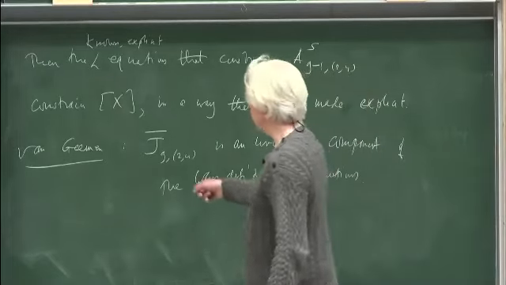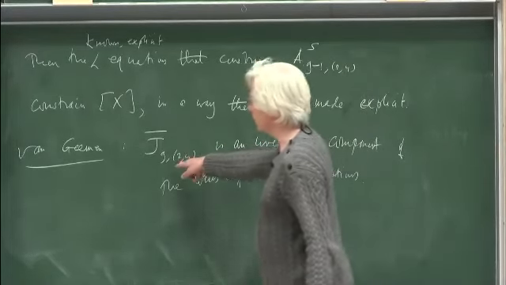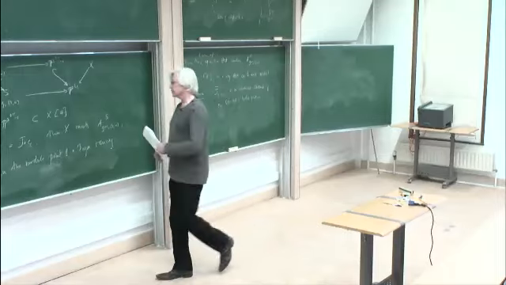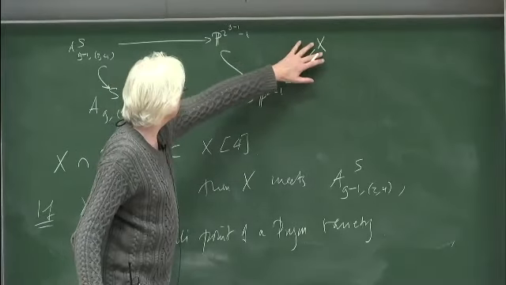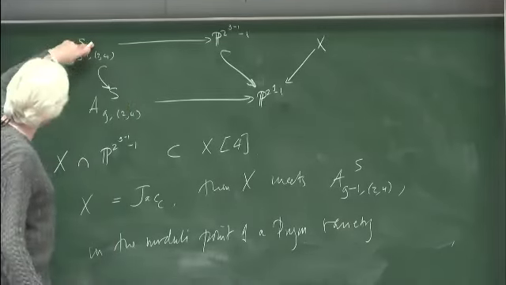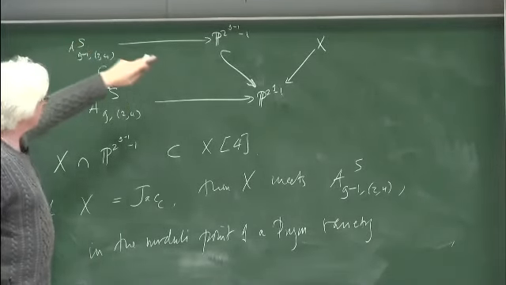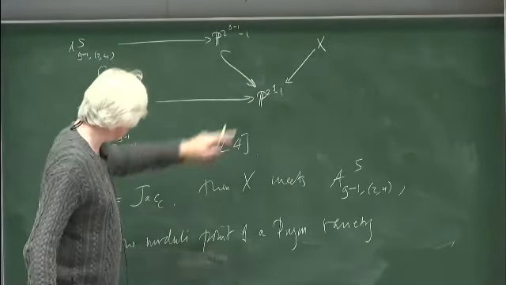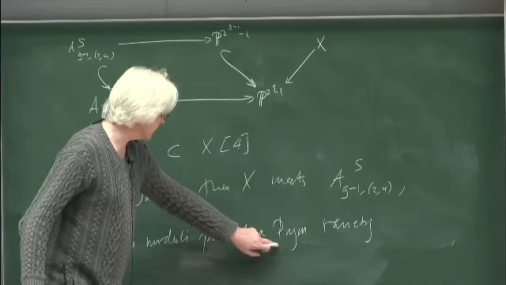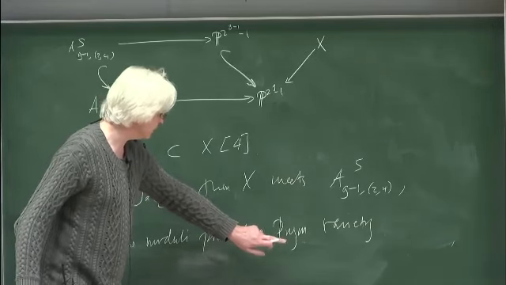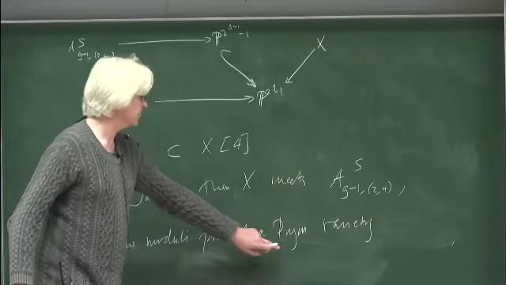I should say one thing, that the equations you get here that I'm referring to simply come from the fact that this X meets this sub-moduli space. The fact that it meets it in the point of a Prym variety is not as relevant as the fact that it's simply meeting it, that you get some abelian variety out of it.